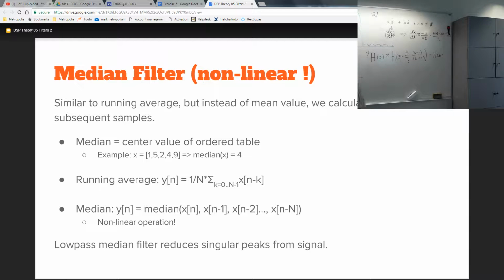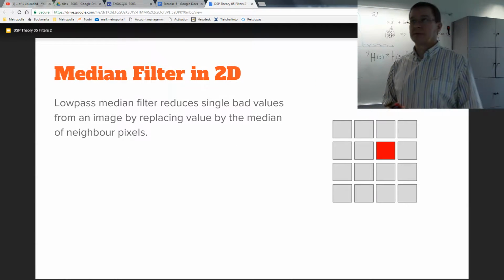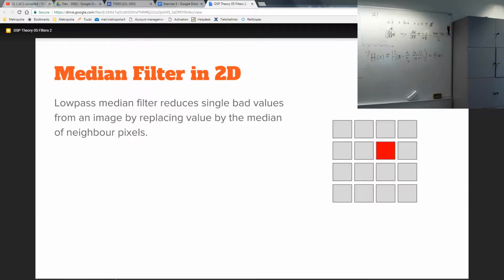If you have a speckle kind of noise in your data, that's your filter, for example in astronomy or 2D. Dead pixels. Cameras have dead pixels. The bigger the cell is, the more probable it is that you have a dead pixel there. How to get rid of that dead pixel? That's how you do it.